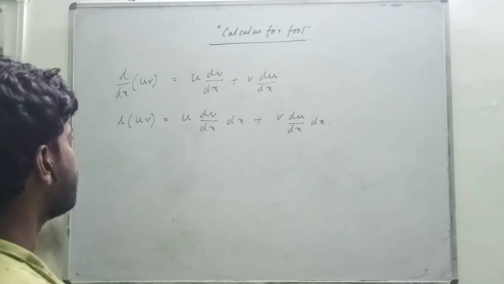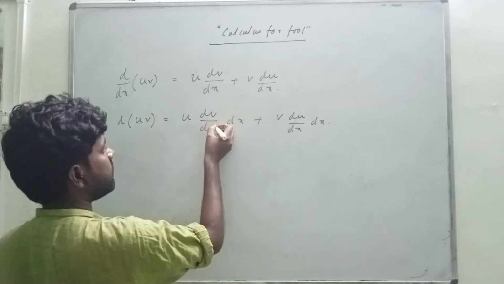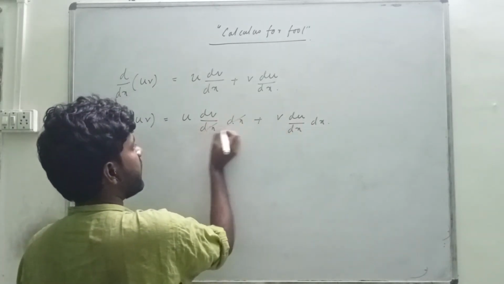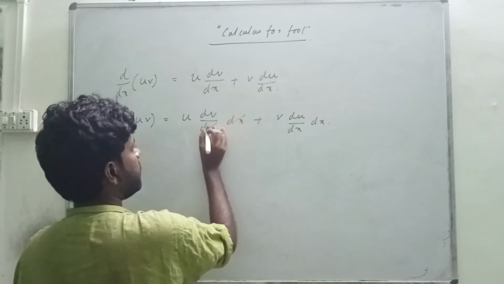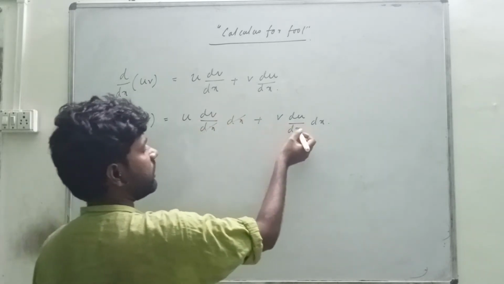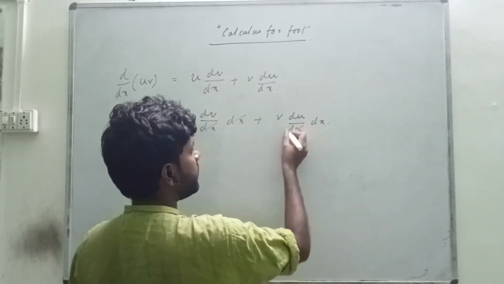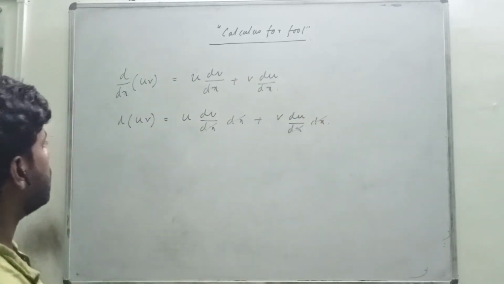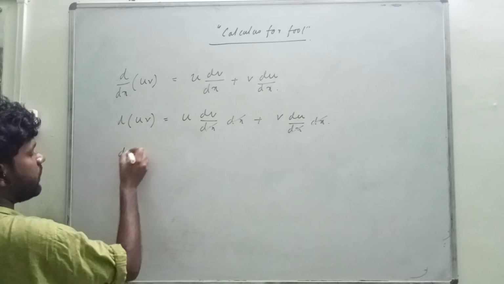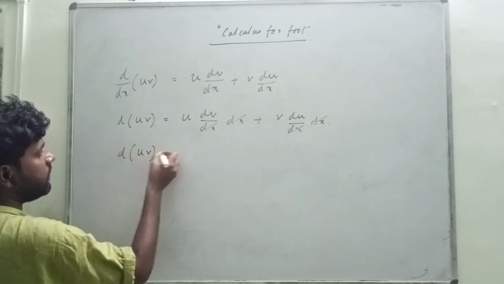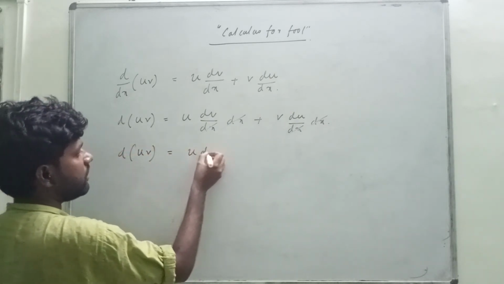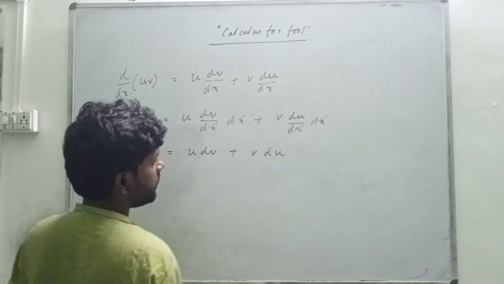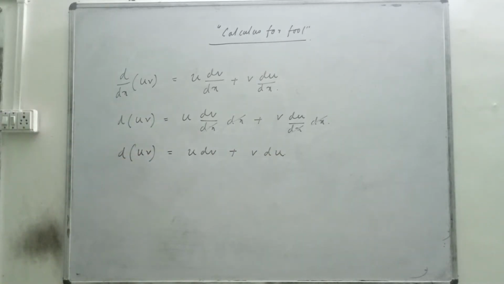And obviously it just cancels here, because the numerator here is dx and the denominator is dx, and here also the denominator is dx and the numerator is dx. You can cancel them out. The left out equation: d(uv) equals u dv plus v du, right?